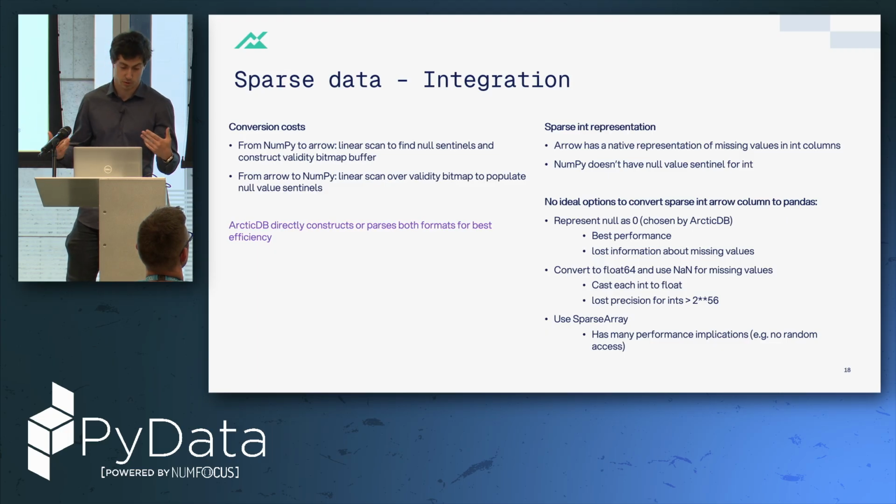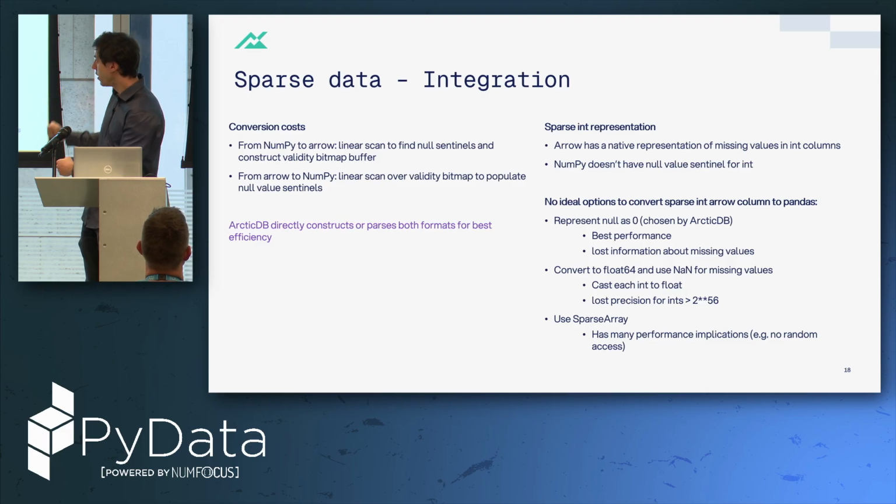So there is a conversion cost similar to the memory layout. What ArcticDB does for this, as previously mentioned, is it has integrations with both formats, so it natively either directly populates the validity buffer or directly populates the no-value sentinels to do that efficiently.